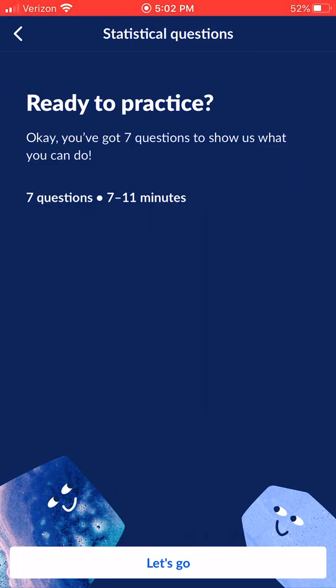Answers will vary, V-A-R-Y, meaning different answers for different people. You wouldn't want to ask everybody on the 6C team who is your math teacher, because everyone would give you the same answer. That would not qualify as a statistical question.